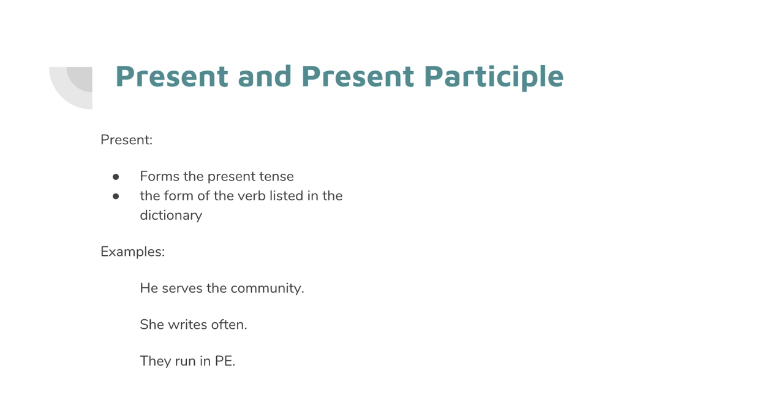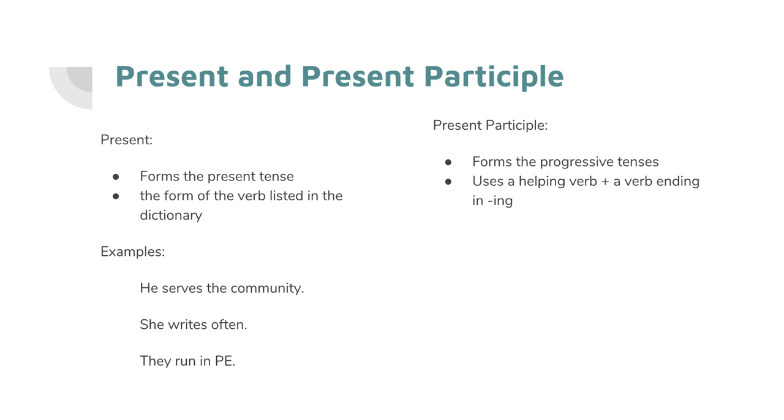So is they run in PE. Present participle, on the other hand, forms the progressive tenses, and we see this when we see a helping verb followed by a verb that ends in ing. So this is a verb phrase. For example, Bill was serving his neighbors yesterday.